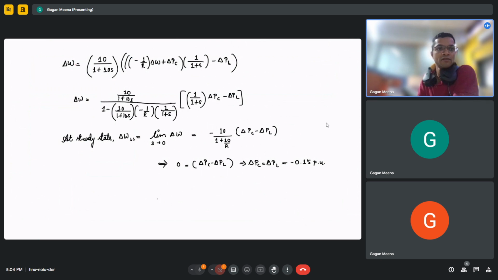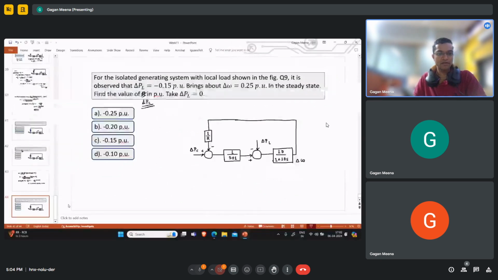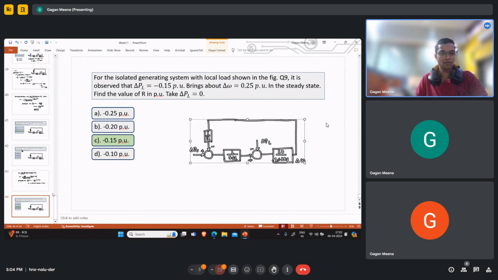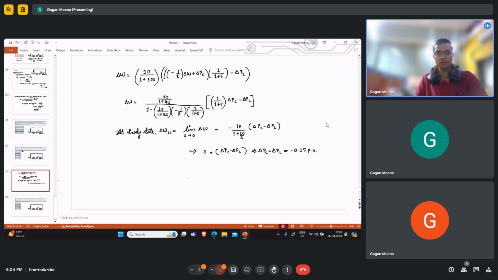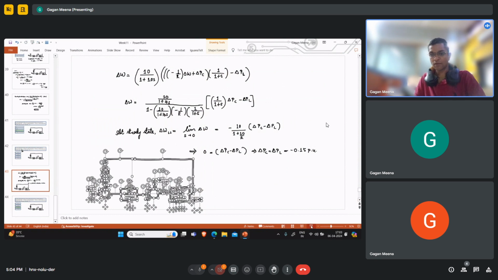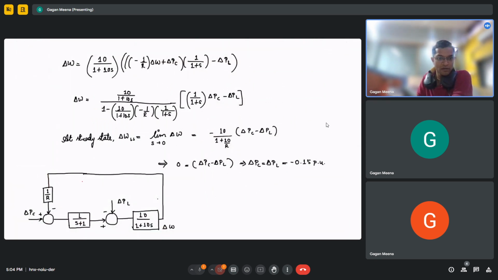So you can see here, let me add the image here, at least you can see how it is written. Here delta omega comes out to be: first take delta PC minus delta omega by R, so this is delta PC minus delta omega by R multiplied by 1 plus S, minus delta PL multiplied by this. So finally we will get delta omega is equals to this.